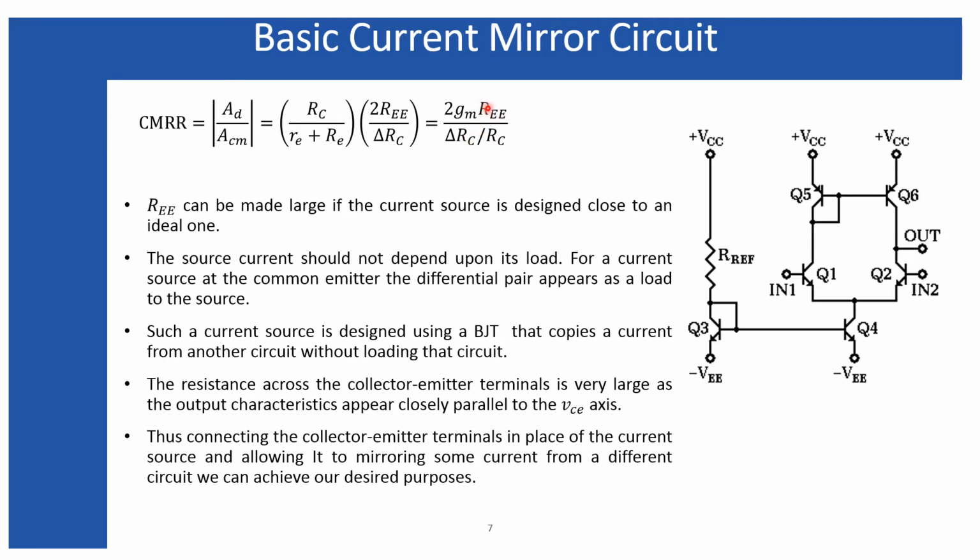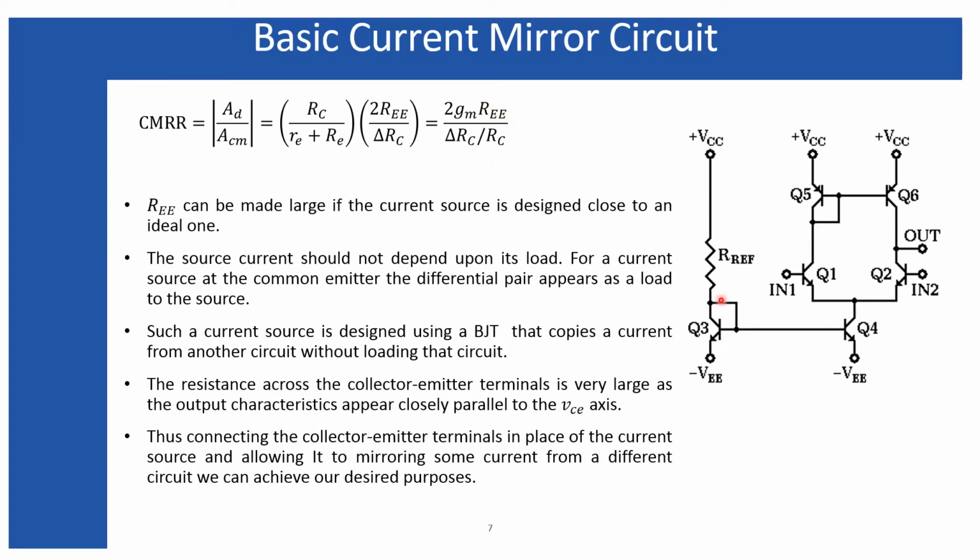Now, a large value of REE means, since I have assumed REE at the common emitter terminal to be the source resistance of the current source, we could make REE large by replacing it with a direct physical resistance. But unfortunately, a physical resistance limits the current through it. So a physical resistance is not a good option to increase the CMRR by increasing REE.